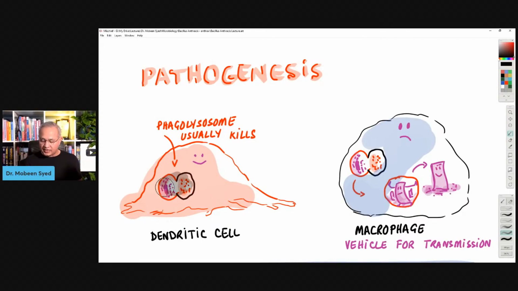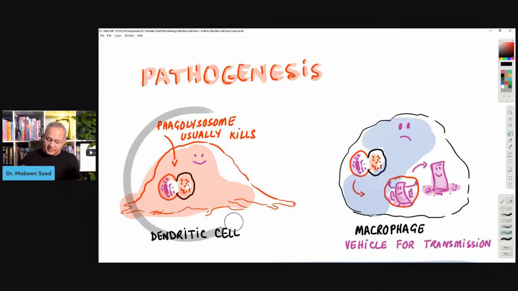And when these two are fused, the digestive enzymes are spilled on the pathogen, and that reduces the pH, causes acidification, like a stomach in the cell, and that acidic environment kills the pathogen, digests it, breaks it down. Not only do we kill the pathogen this way, we take pieces of the pathogen and express them on our cell surfaces as well.